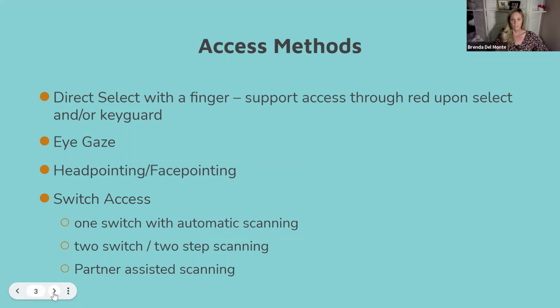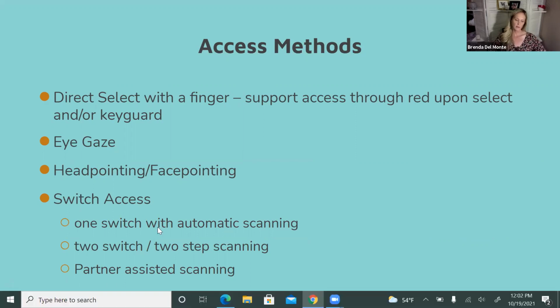So, we have direct select, which is with your finger, and we can decide, well, that's not alternative access, that is the access method, right? But sometimes we can't forget that there are a few things, like when you touch the button it turns red, that helps bring your visual attention or helps your access improve, or key guards. So I just throw that in there.